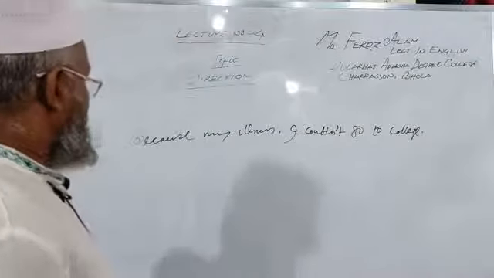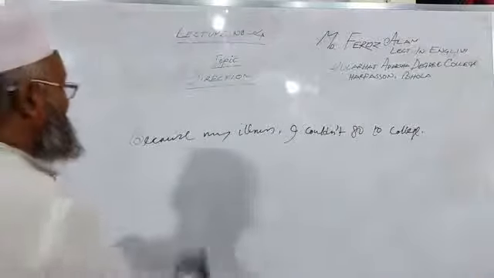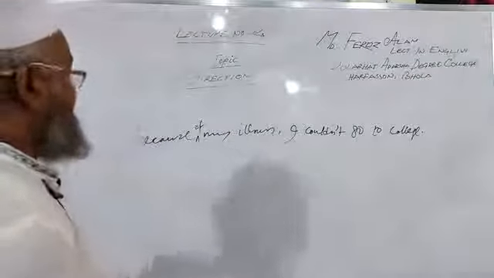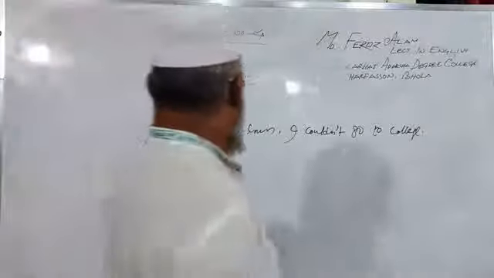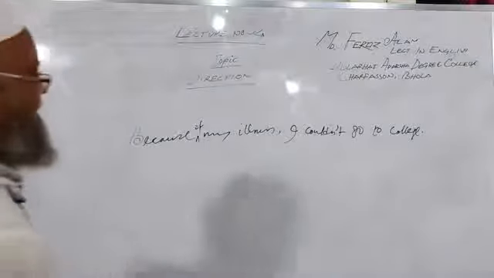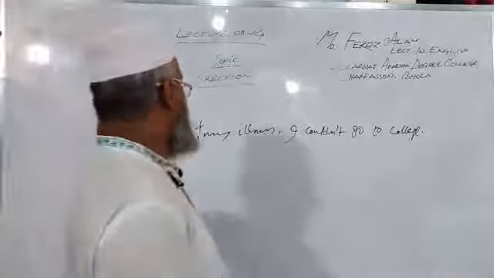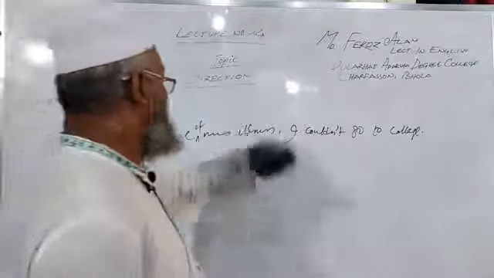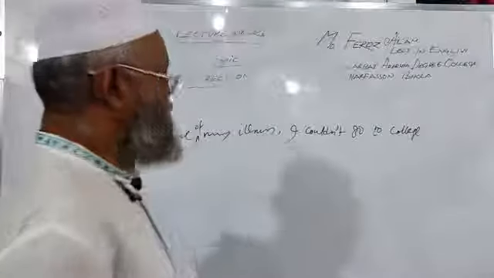Here we notice because of my illness. Here we find the possessive form my, because after preposition you have to use the objective form, and as you use a noun, and before noun you have to use the possessive form.